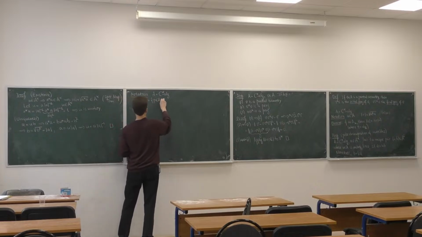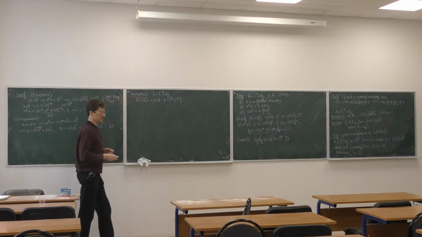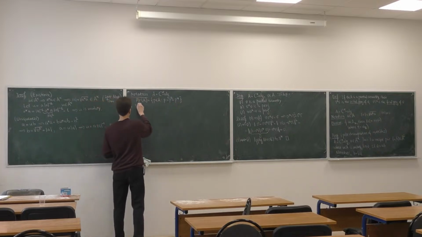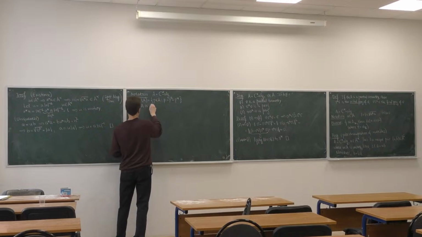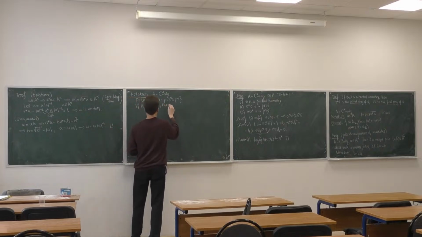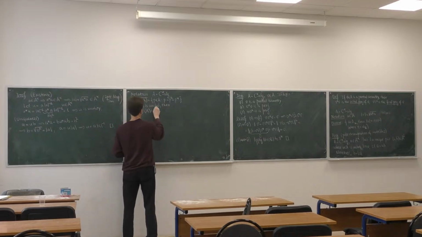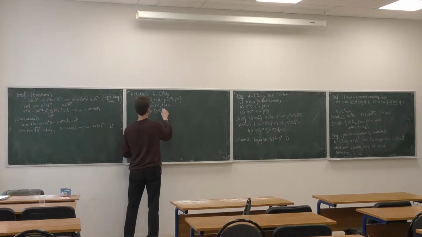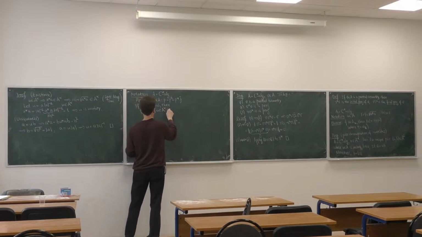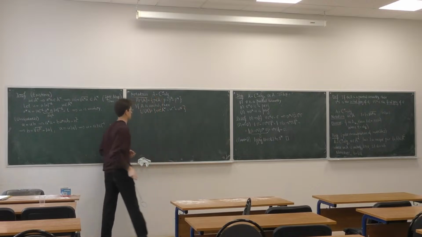That is the set of all self-adjoint idempotents. If A is unital, then the set of all unitary elements will be denoted by U of A. So this is the set of all invertible elements such that U inverse equals U star, the set of all unitaries.